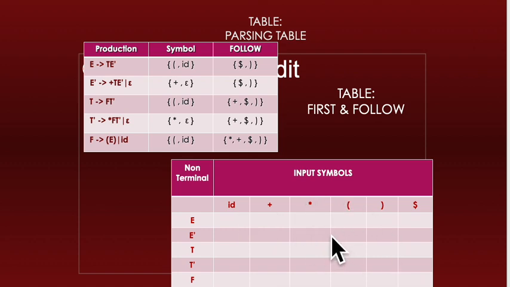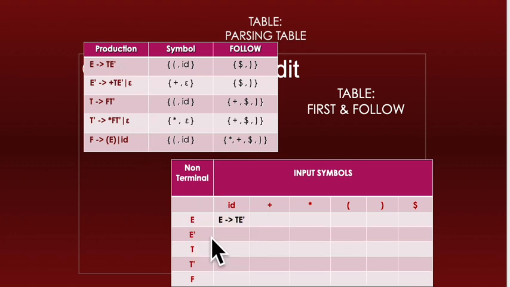There are two rules actually. I'll tell you when we are talking about it. Now, first of E is what? Open parenthesis and ID. So in the table, for non-terminal E, first of E has symbols open parenthesis and ID.